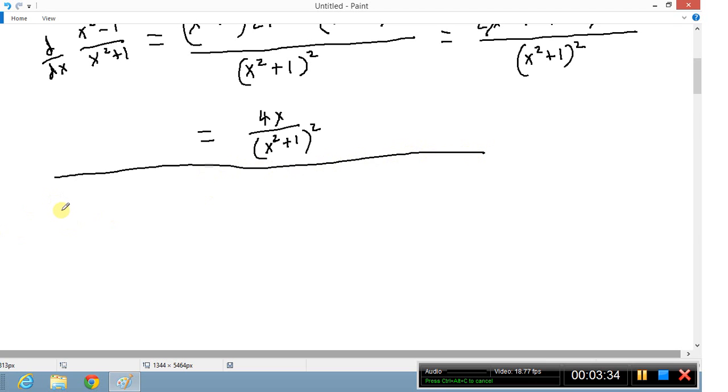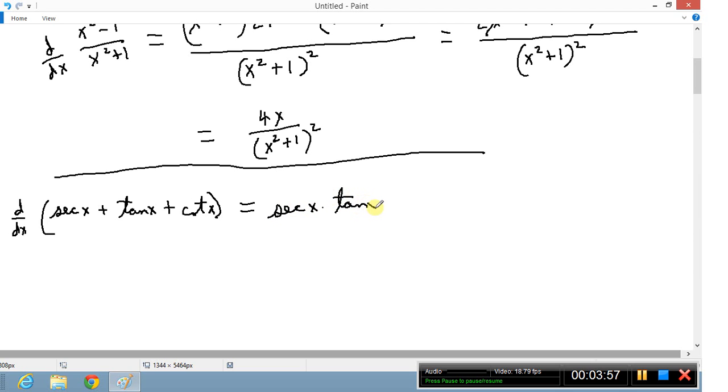So for the derivative of secant x plus tangent x plus cotangent x, the derivative of a sum is the sum of the derivatives, so we just take each one separately. So the derivative of secant is the secant of whatever times the tangent of whatever.